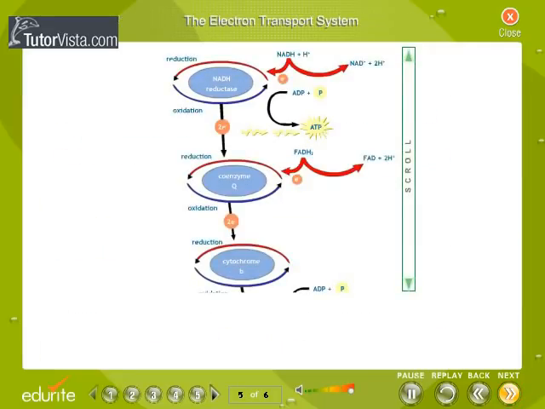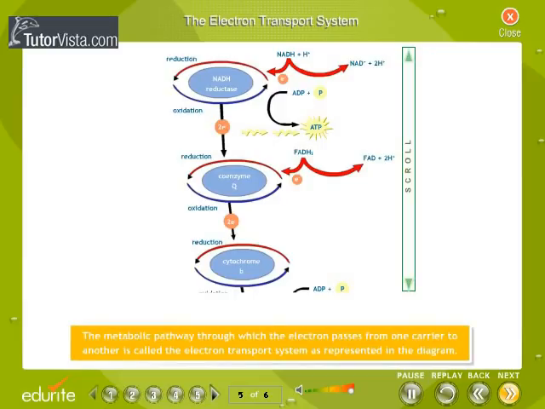The electron transport system. The metabolic pathway through which the electron passes from one carrier to another is called the electron transport system, as represented in the diagram.